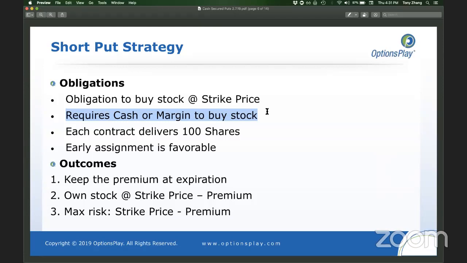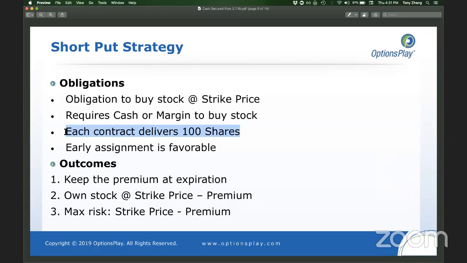When you sell a cash secured put, your buying power is reduced by a certain amount, either the full dollar amount or a portion of it, depending on if you're trading on margin. Each contract that you sell does require you to purchase at least 100 shares. So the one benefit to buying a stock on a limit order is that you don't necessarily have to buy in 100 share increments.